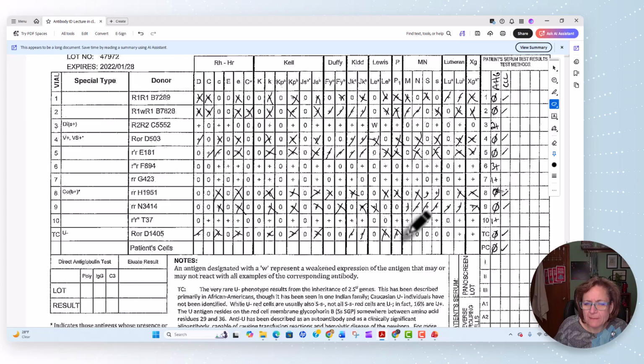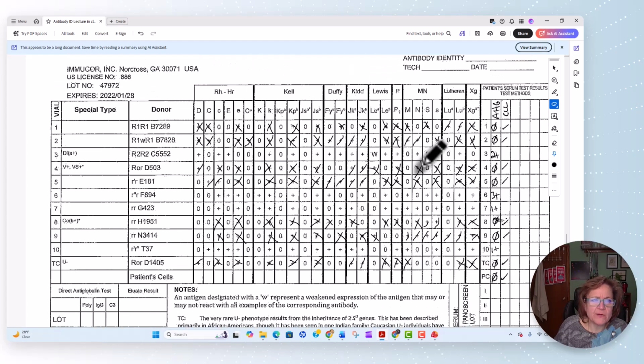So you can't memorize a panel, because every month it's going to be a little different. A lot of panels have some similarities, but they are going to be different. You always want to make sure that you match this lot number to the lot number on the bottles that you're actually using. Otherwise, you could be crossing off the wrong panel and getting crazy results.